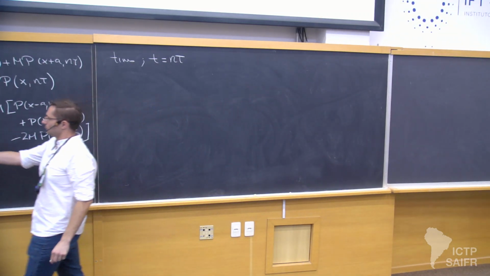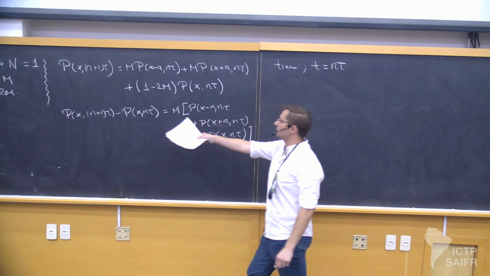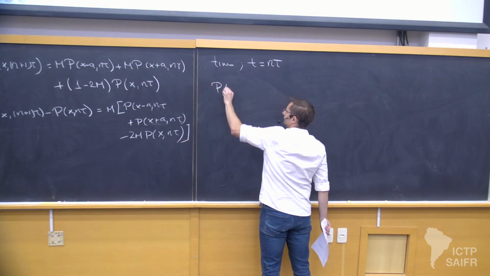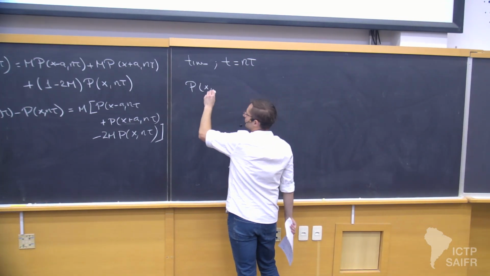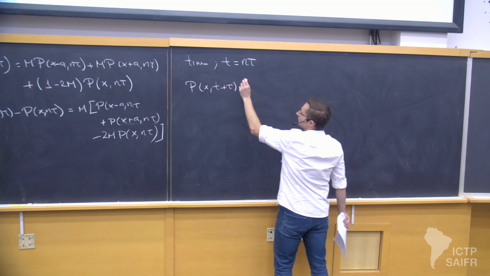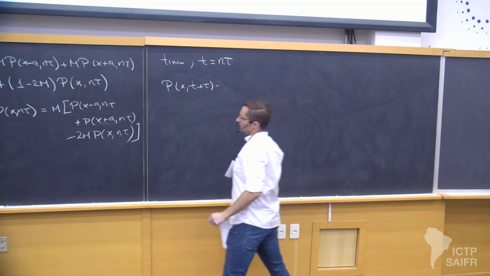So basically here, everywhere I will have p of x at time t, except in the first term on the left where I have t plus τ.